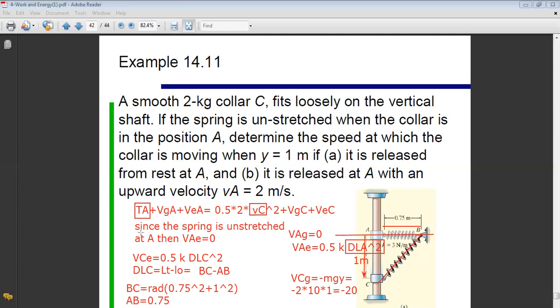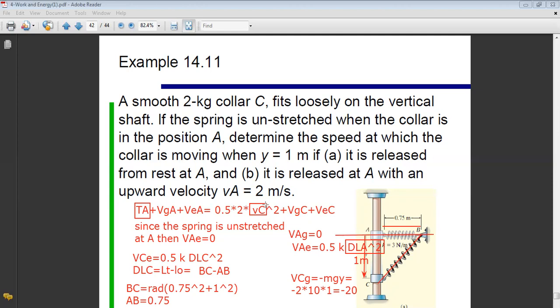Only the kinetic energy of A will vary. So to calculate the new value of VC for part B, instead of saying TA is 0 because it's released from rest, you replace TA by half VA squared. VA is not 0, it's 2, so of course VC will change.